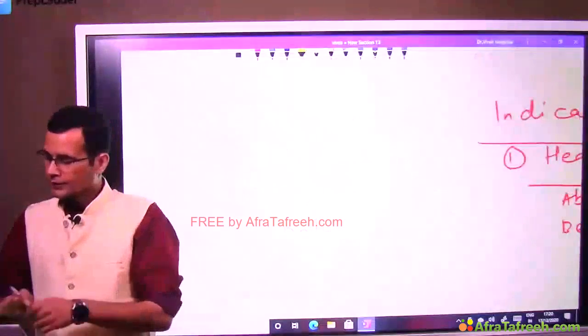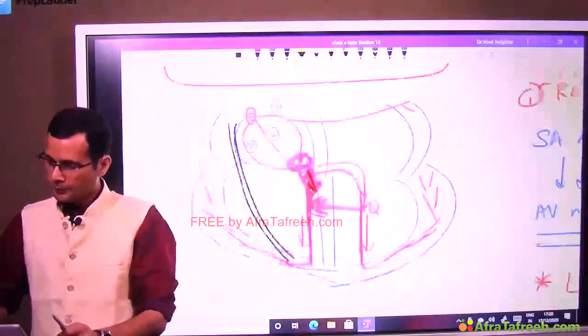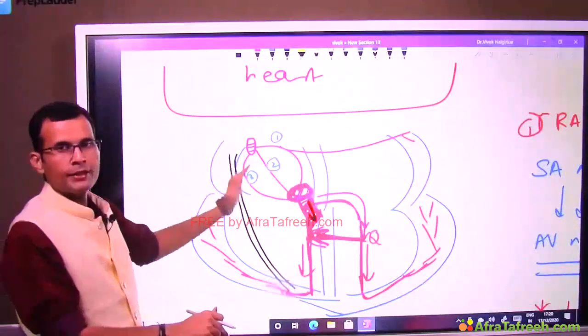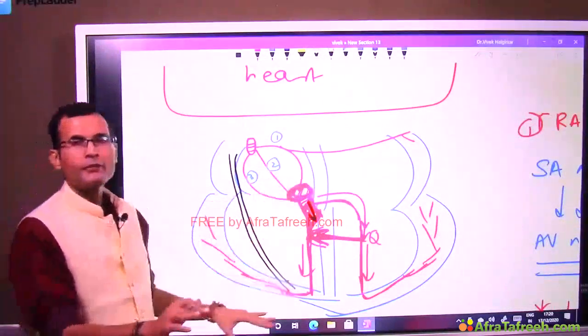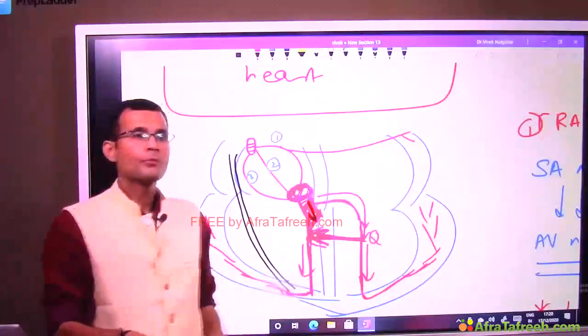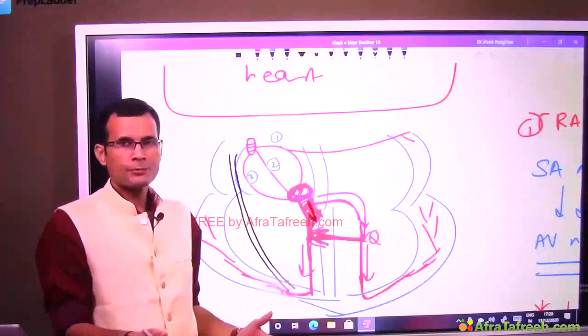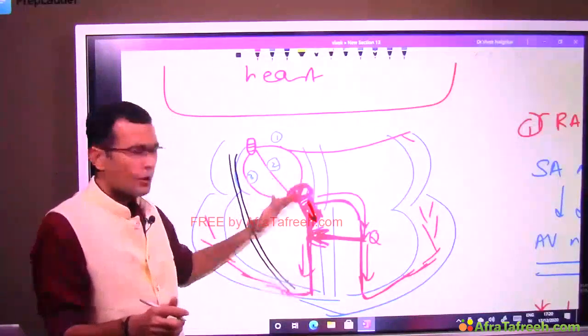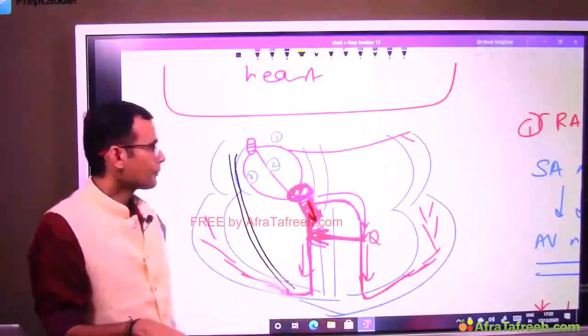Okay, let's see in the diagram. Look, impulse is starting from the SA node, going through the AV node. And what's heart block? Blockade of impulse transmission. It commonly occurs at the AV node or below the AV node.